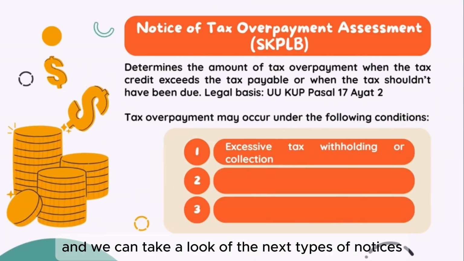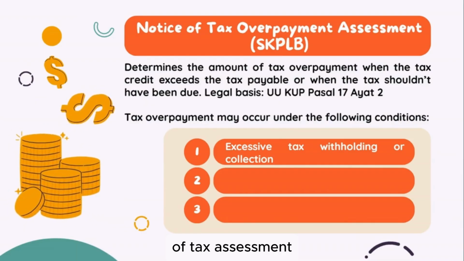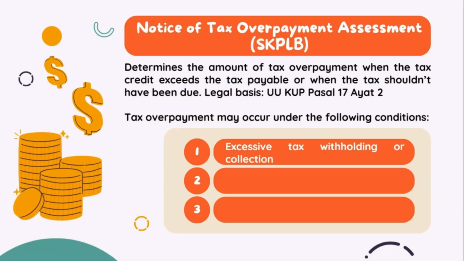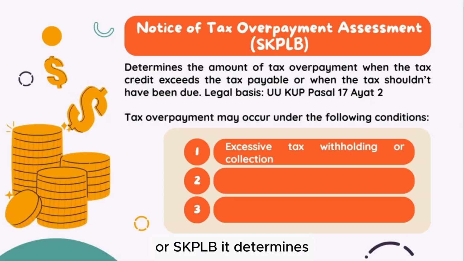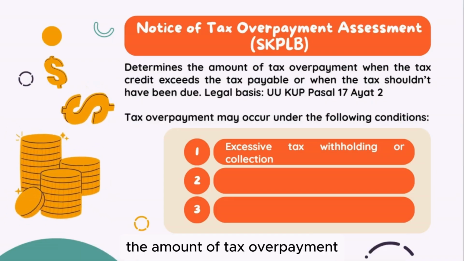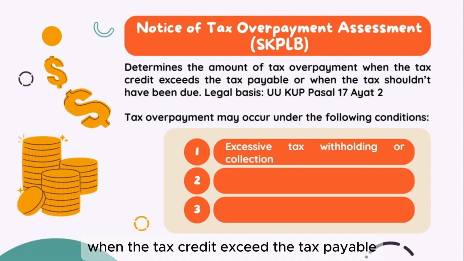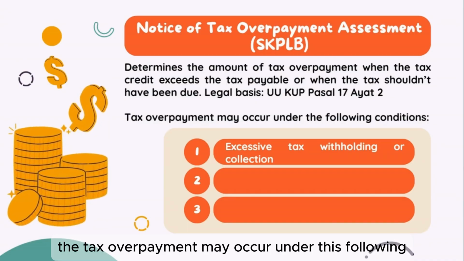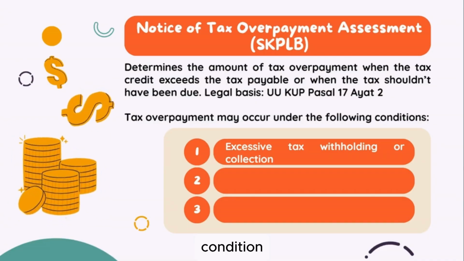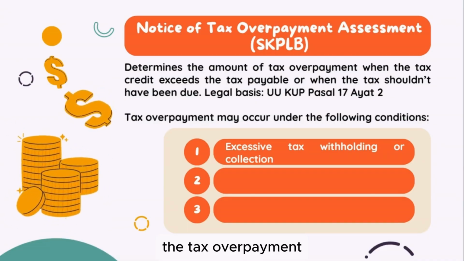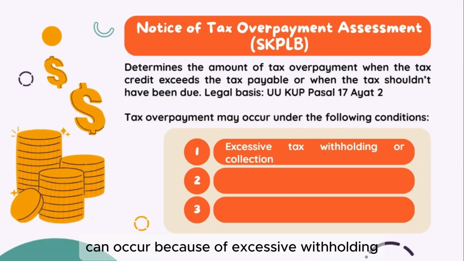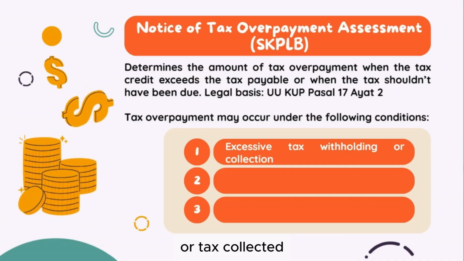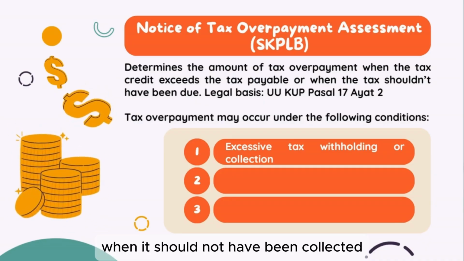And we can take a look at the next type of notice of tax assessment. It's called Notice of Tax Overpayment Assessment, or SKPLB. It determines the amount of tax overpayment when the tax credit exceeds the tax payable or when the tax shouldn't have been due. The tax overpayment may occur under the following conditions. So, the tax overpayment can occur because of excessive withholding payment that exceeds the tax due or tax collected when it should not have been collected.